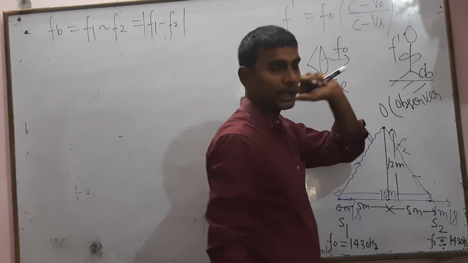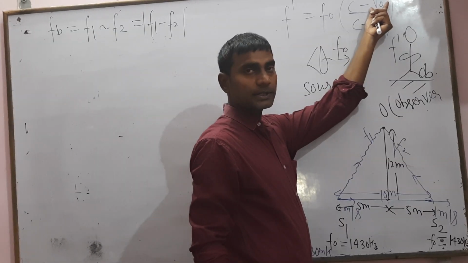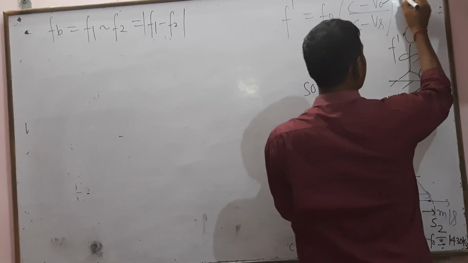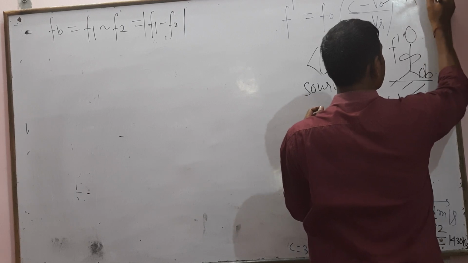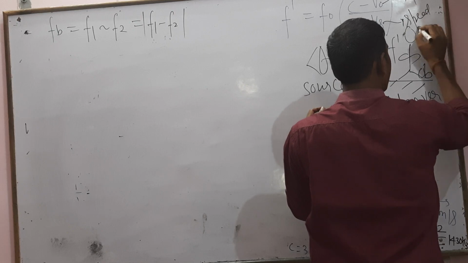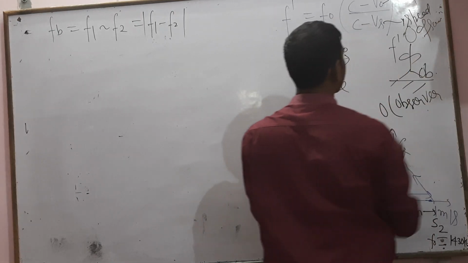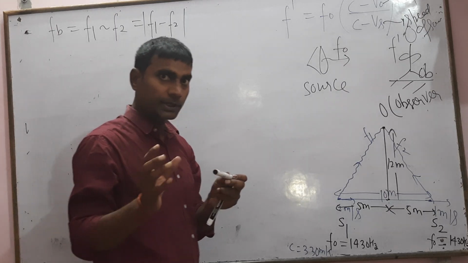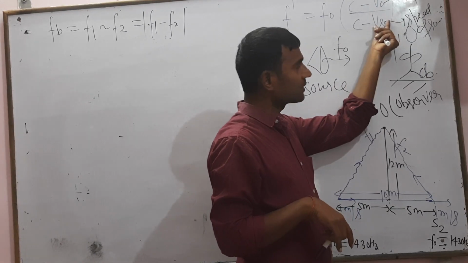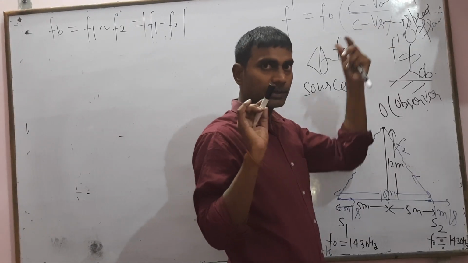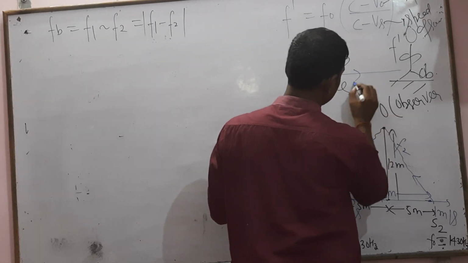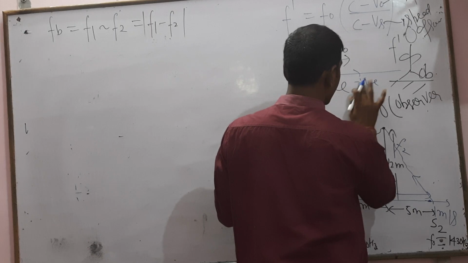V naught is the speed of the observer, and Vs is the speed of the source. But we have an important concept for plus or minus V naught, plus or minus Vs. This is an important point: the positive direction is always taken from source to observer.